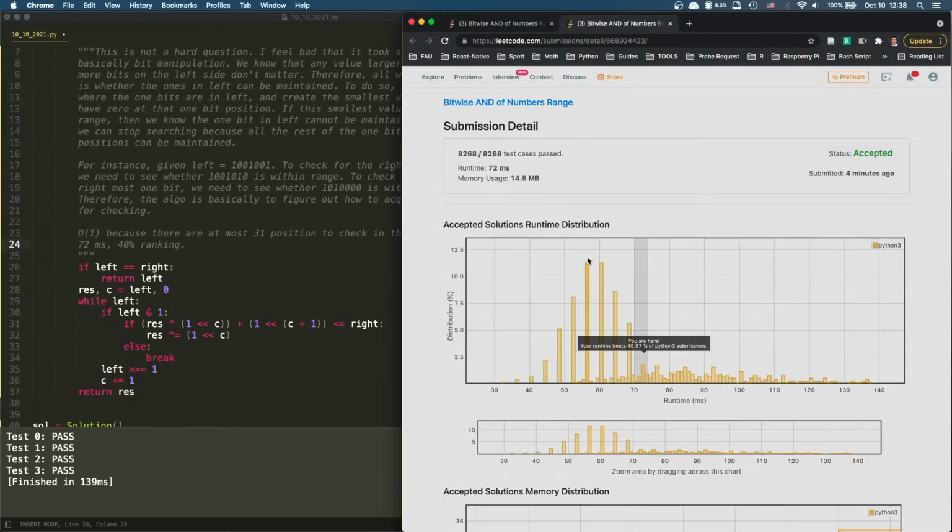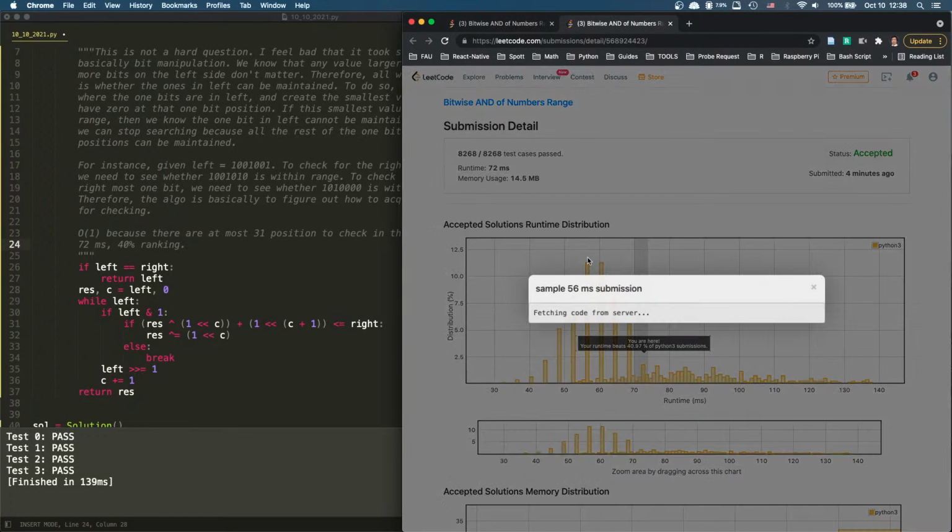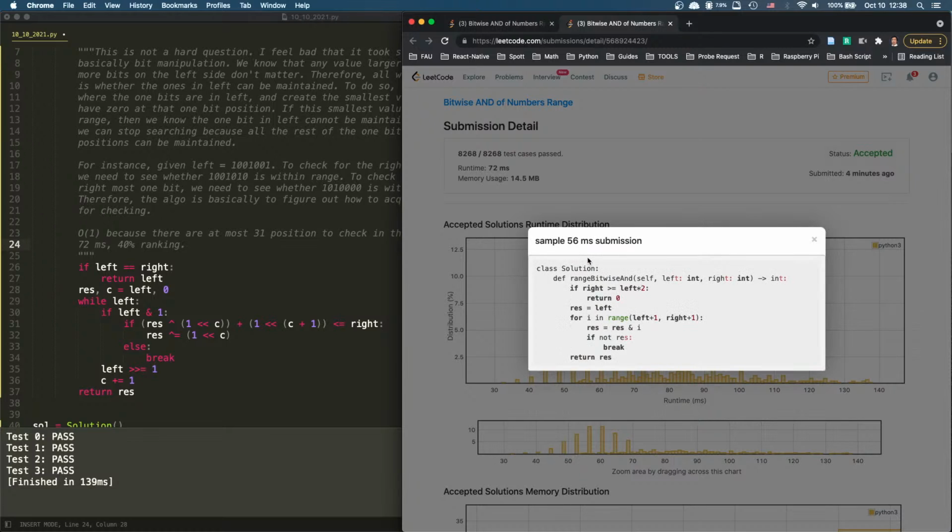All right, let's see. Good at 56. Oh, very simple. This is interesting. If right is larger than or equal to left times 2. Ah, yes. That is good. Check.